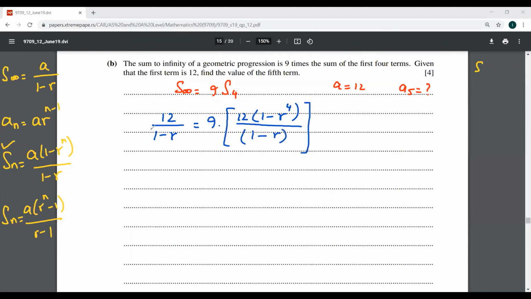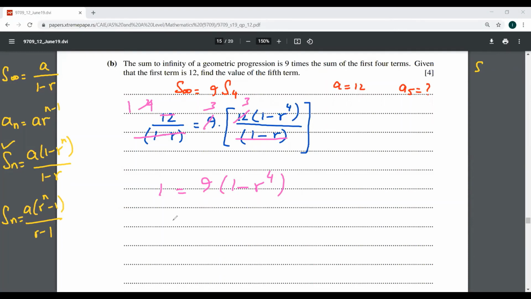So this is what we have here. So I can first of all cancel this 1 minus r with this 1 minus r. 3 threes are 9 and 3 fours are 12. Okay. And then 4 ones are 4 threes are. So we have 1 equals 9 into 1 minus r raised to power 4.